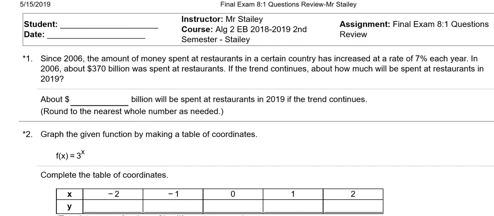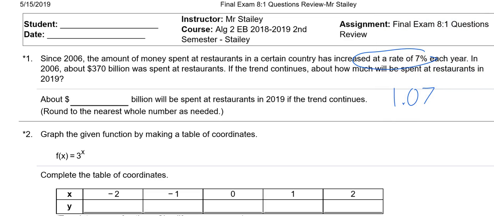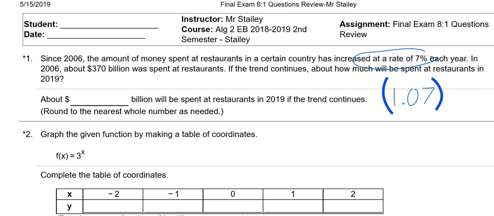If it's increasing by 7%, what's the multiplier? 1.07. Okay, what is the amount of money that we're starting with? 370 billion.